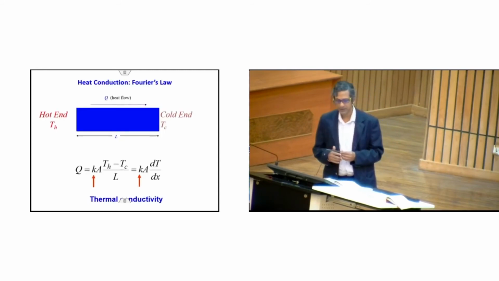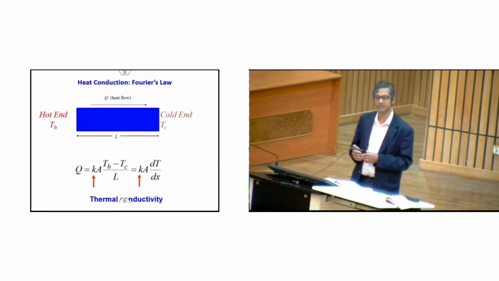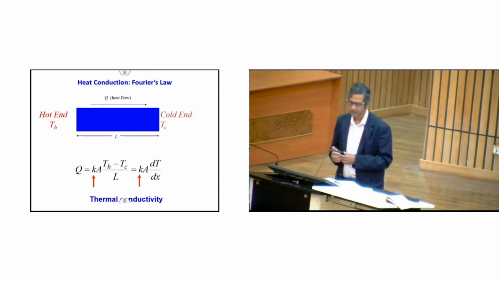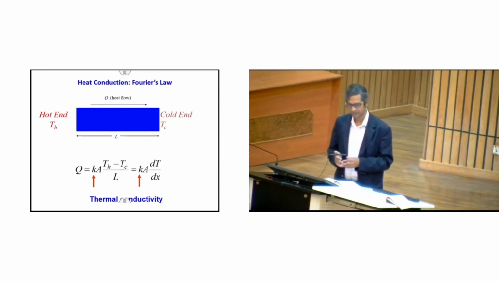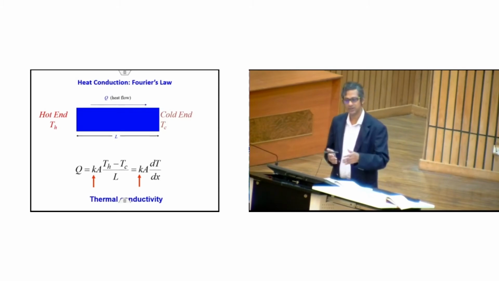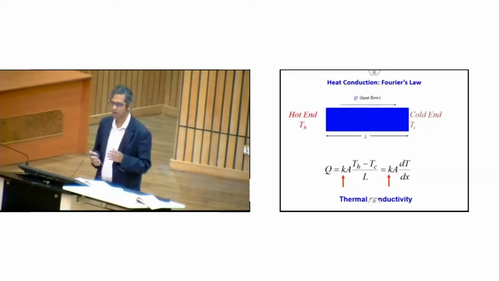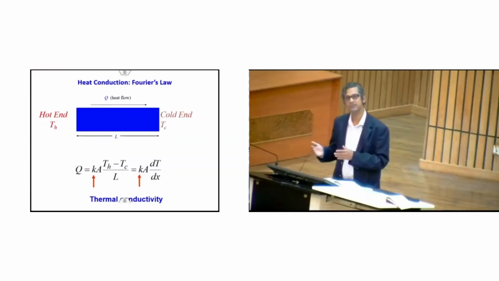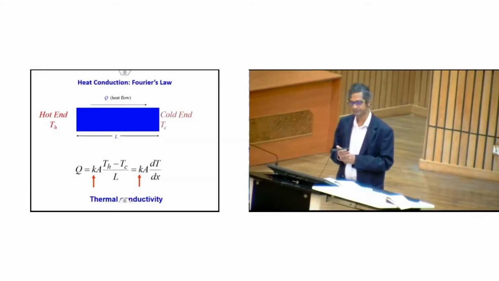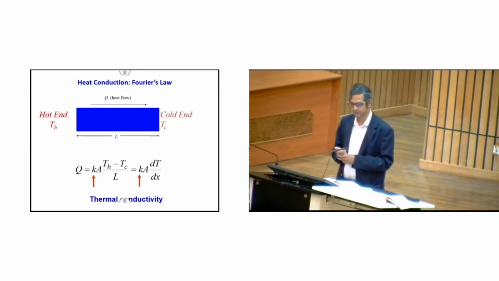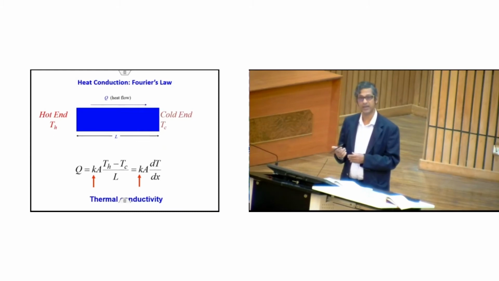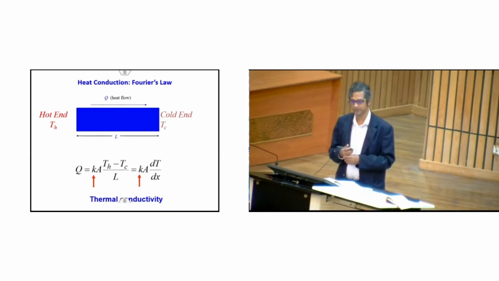As you know, heat conduction is governed by Fourier's law, right? All of you know that. So, if you have a small piece of sample, length is L, and cross-sectional area is A, and you have a hot end and a cold end, heat will be transported from the hot end to the cold end. Q is the amount of heat transported per unit area per unit time perpendicular to the plane of the surface of this material, that is what is known as the flux.